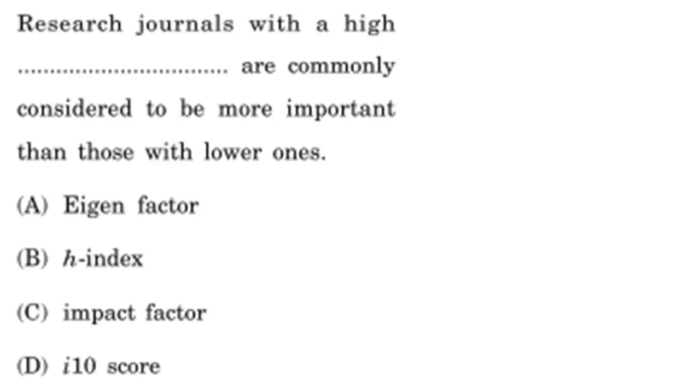So the perfect match should be the impact factor. Impact factor is based on the citation of the journal. So citation is the criterion. If impact factor is high, the journal is considered valuable. If impact factor is less, it is not that good a journal. So the answer here is C, impact factor. Friends, have an idea of all these terms.